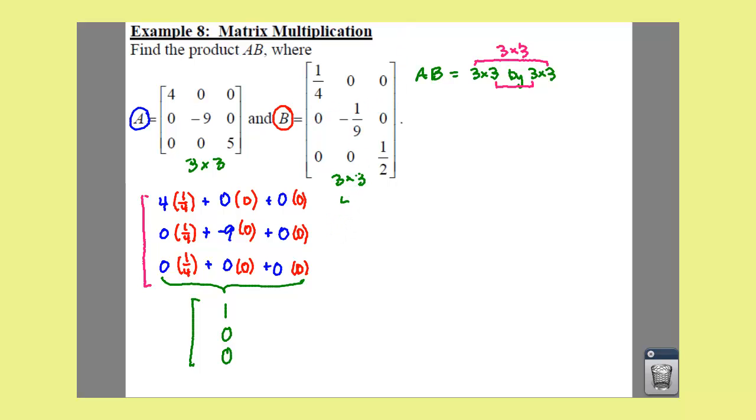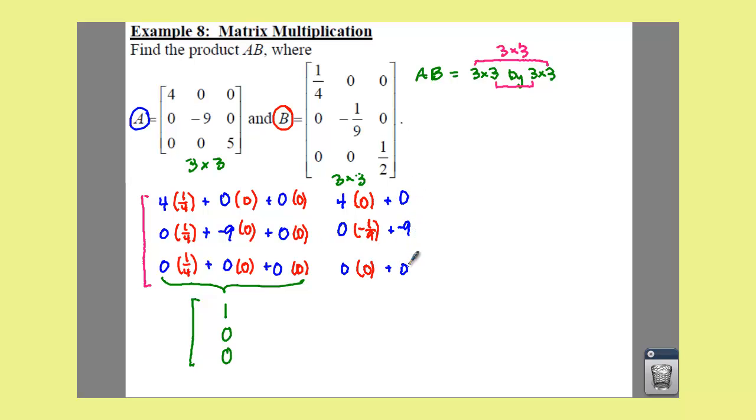So we're going to say 4, whoops, that's the wrong color. We're going to say 4, 0, 0, parentheses, and then we're just going to have to multiply by this row right here. So we're going to say 0, -1/9, 0, and then we're going to have to add this, and notice that we're going to repeat what we did in our first part of our problem.